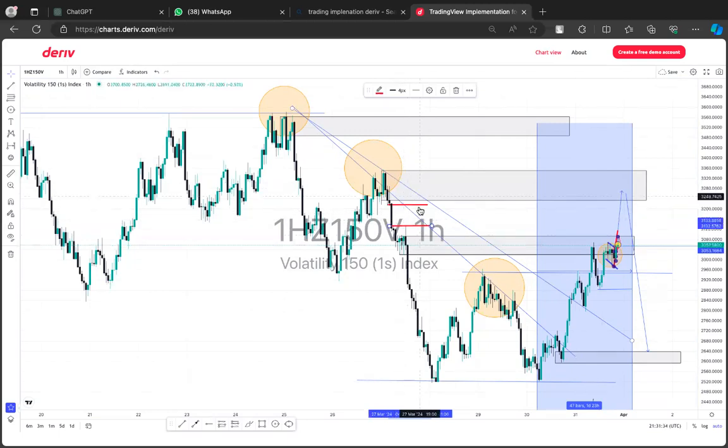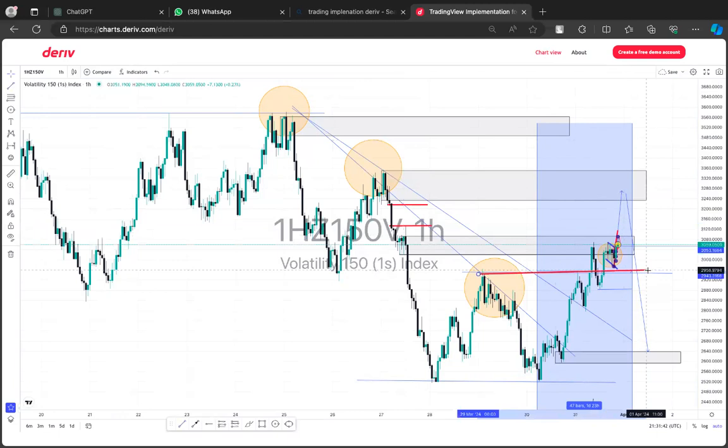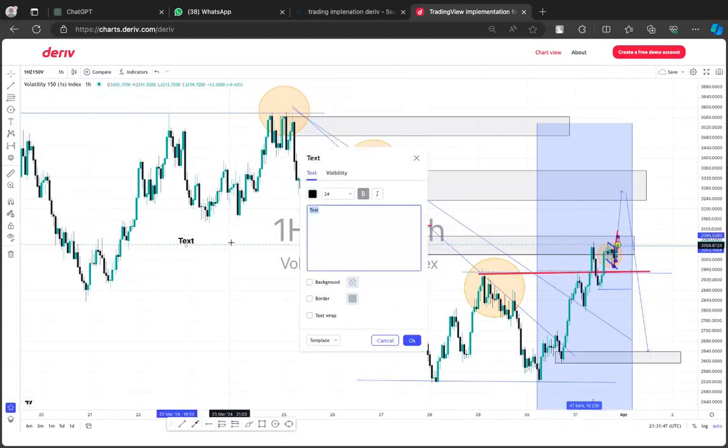Market has to fill this, and we have another block here. Definitely, the price of the market will come in. Use this as CHoCH or BOS.